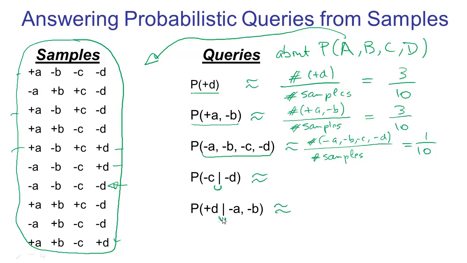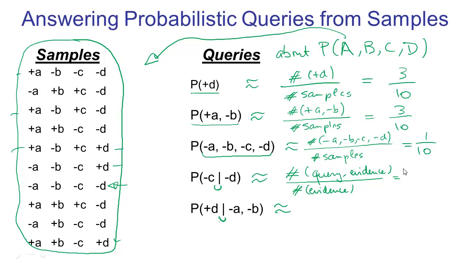Here is how we answer these types of queries. We estimate that probability as the number of times we saw the query and the evidence variables divided by the number of times we saw the evidence.